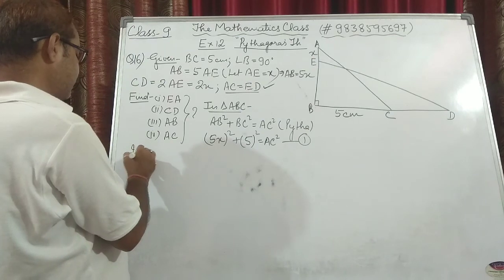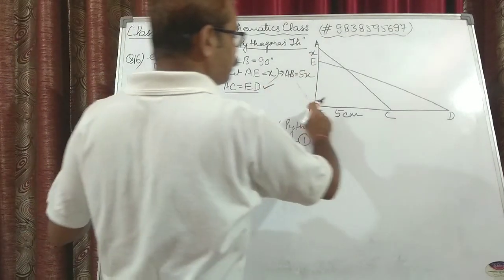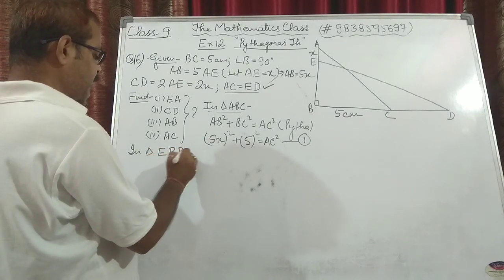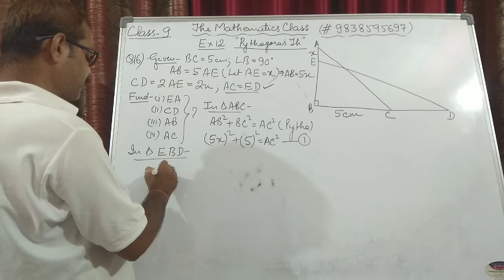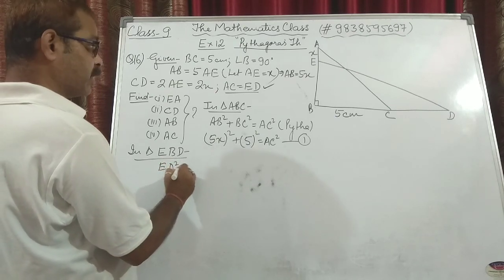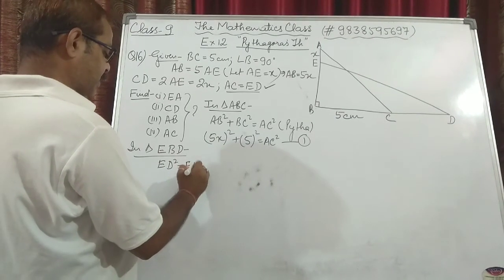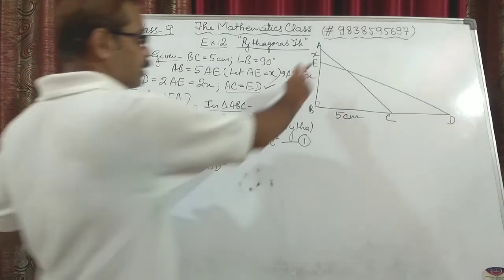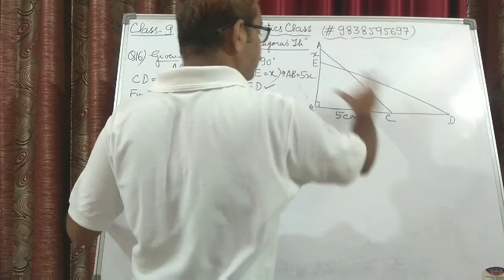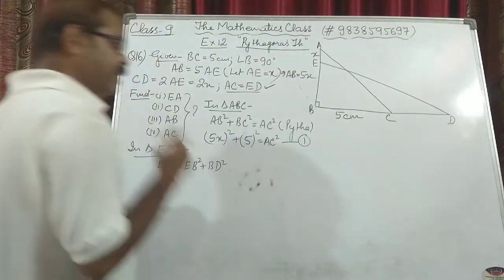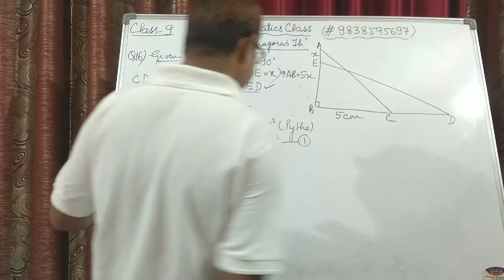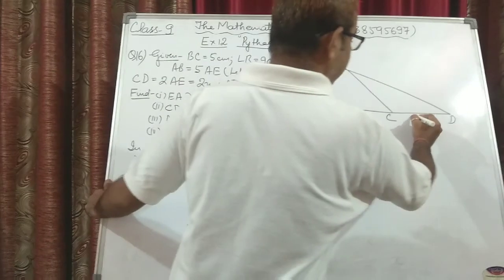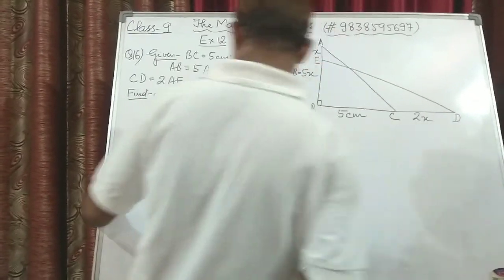Now we can say in triangle EBD, what can we say? Hypotenuse is ED, so ED square is equal to EB square plus BD square. BD can be written as BC plus CD, and CD is given to you as 2AE or 2 times of x. So here I am writing CD as 2 times of x.